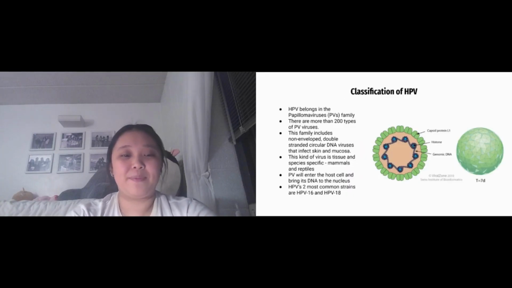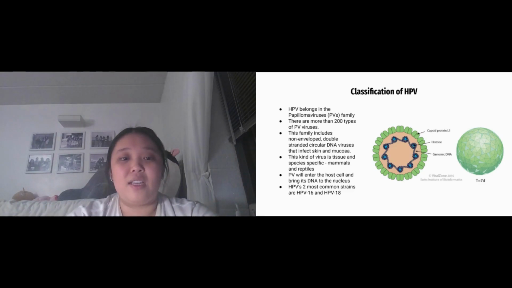Classification of HPV. So it belongs to the human papillomavirus family. There are more than 200 types of viruses within this family, and they include non-enveloped double-stranded circular DNA viruses that infect the skin and mucosa.